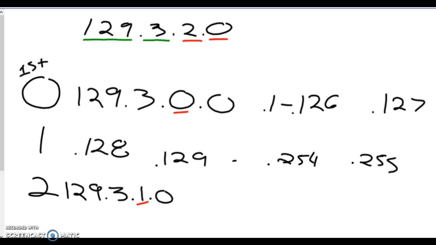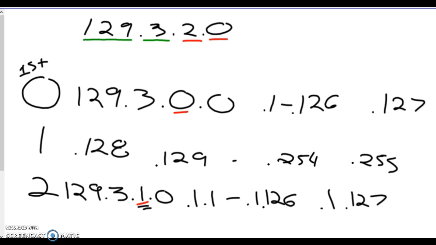Class B will keep on incrementing till this number reaches the highest value it can, which eventually will be 255. So then we start to define our subnets. It's actually going to be 1.1 to 1.126 with the broadcast of 1.127.